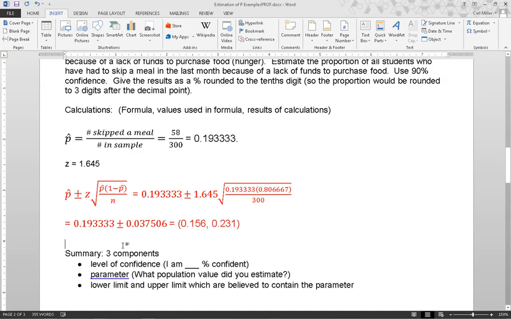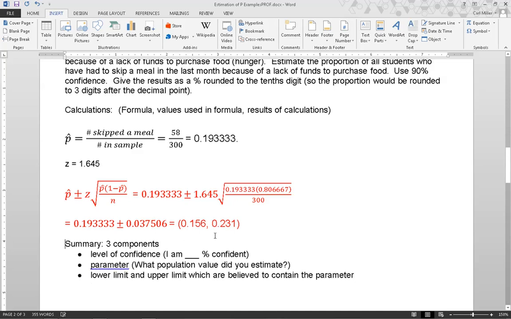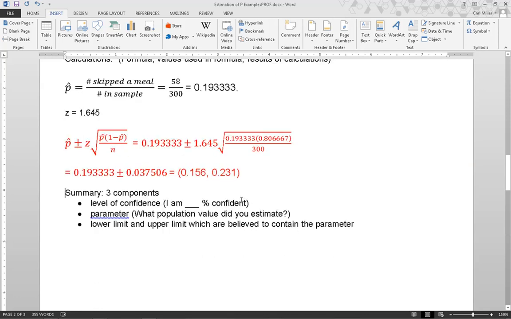Next, we want to summarize our findings. So remember, the summary consists of how confident you are in what you're estimating, what is it that you're estimating, and then the bounds within which you think your estimate lies.